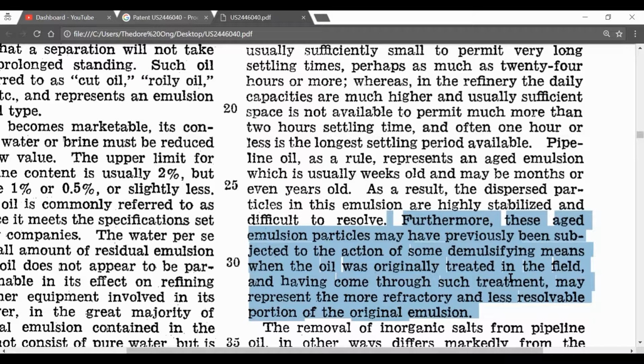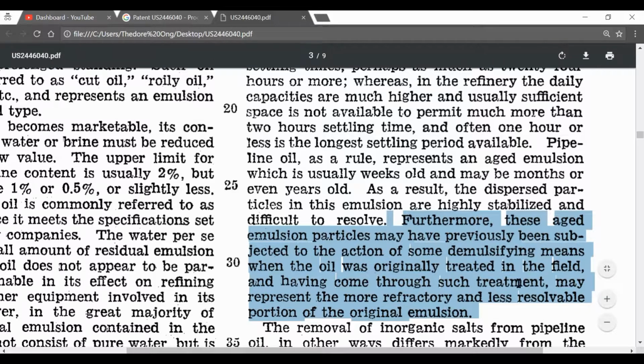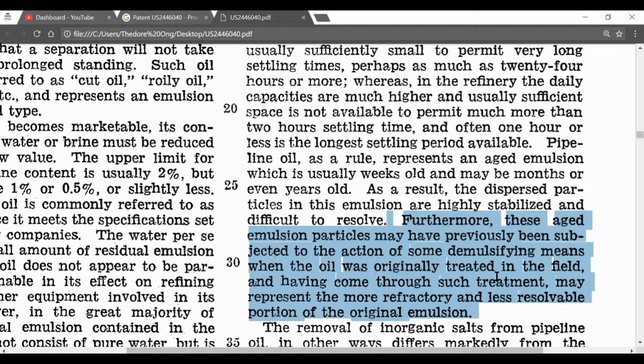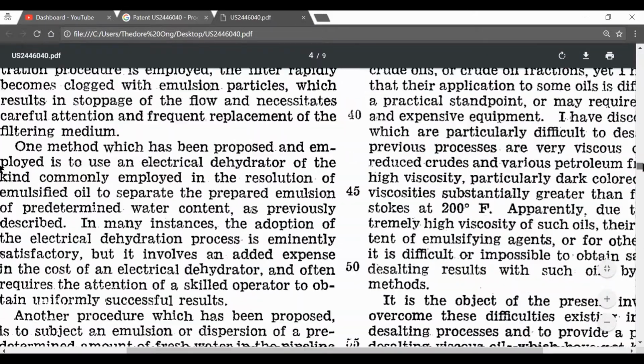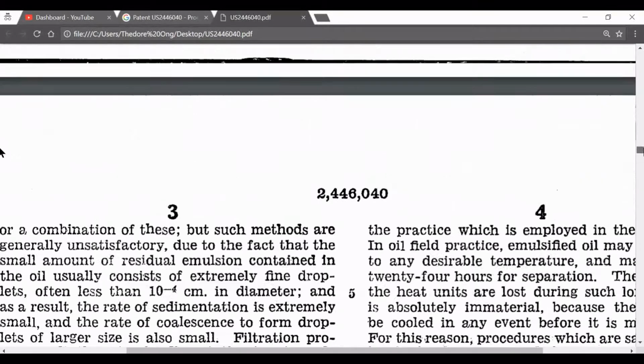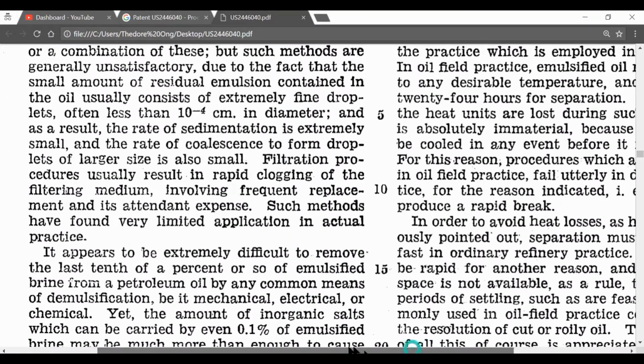However, there's still some salt in there that's not going to be good for the oil refinery. So you still have to remove the residual bit that the earlier desalting process wasn't able to get. Okay? So anyway, that's just motivation again.